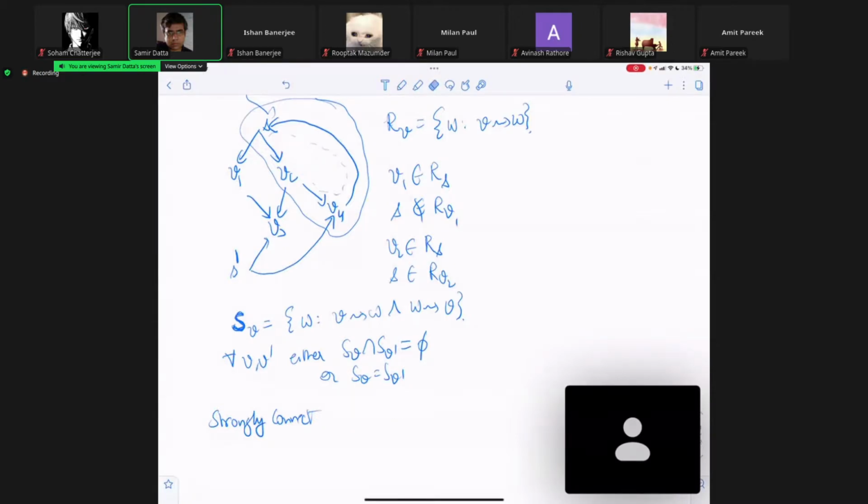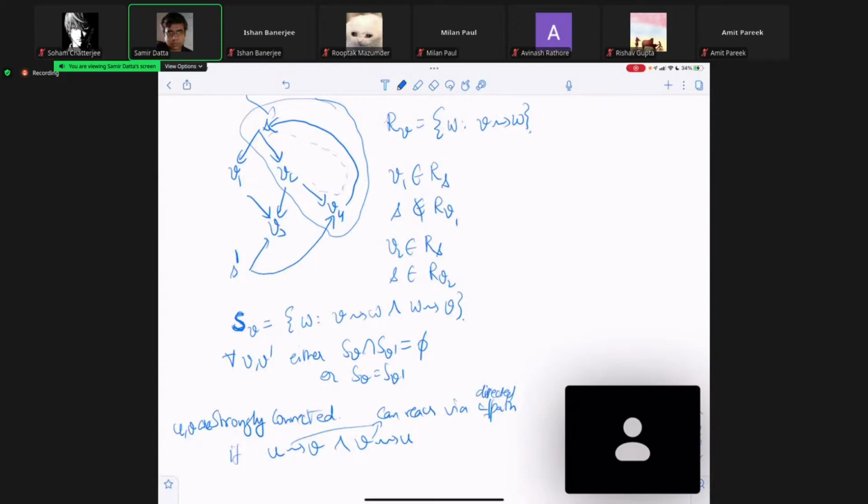U and V are strongly connected if U can reach V and V can reach U, where the notation denotes reaching via a directed path.